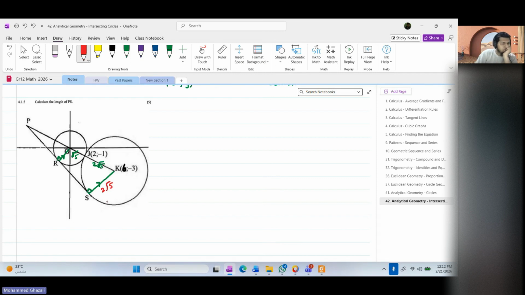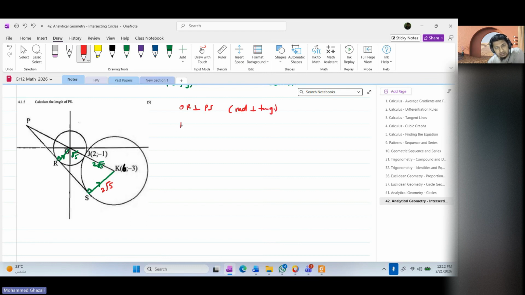Try to fill in enough information because those are equal radii. I will start by writing OR is perpendicular to PS, radius perpendicular to tangent. Obviously, I need to write something.